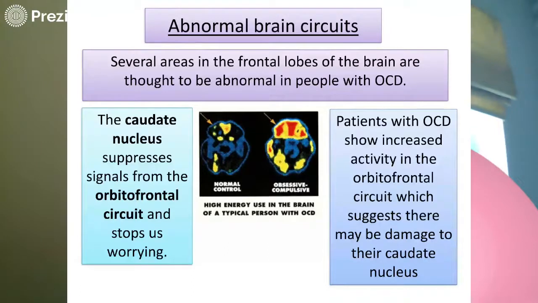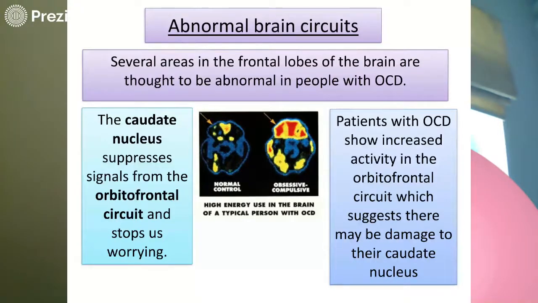You can see from the image that we've got a normal control, and then we've got someone with obsessive compulsive disorder. And you can see that the individual with OCD has lots of areas of high activity within that frontal lobe. Within the frontal lobe, there's an area called the caudate nucleus. This has been linked to OCD.